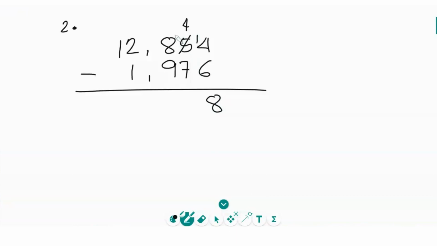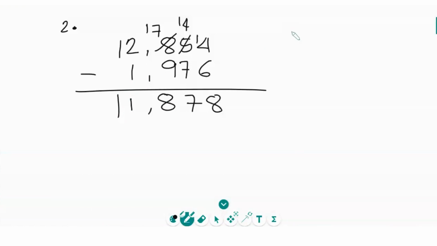Okay, 4 minus 7, that's not possible here. So this one will become 7. This one will become 14. So 14 minus 7 will give us still 7. Okay. And the other one is 17 minus 9. So that will give us 8. Okay. And 2 minus 1 is 1. And this will also be 1.